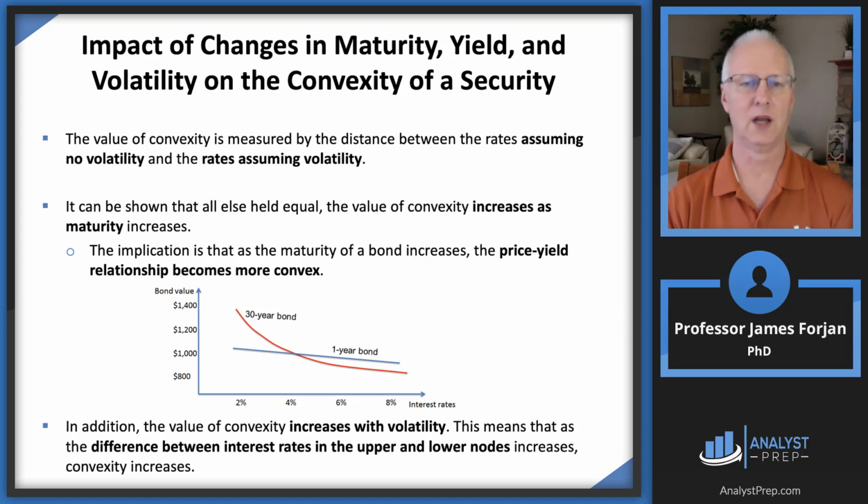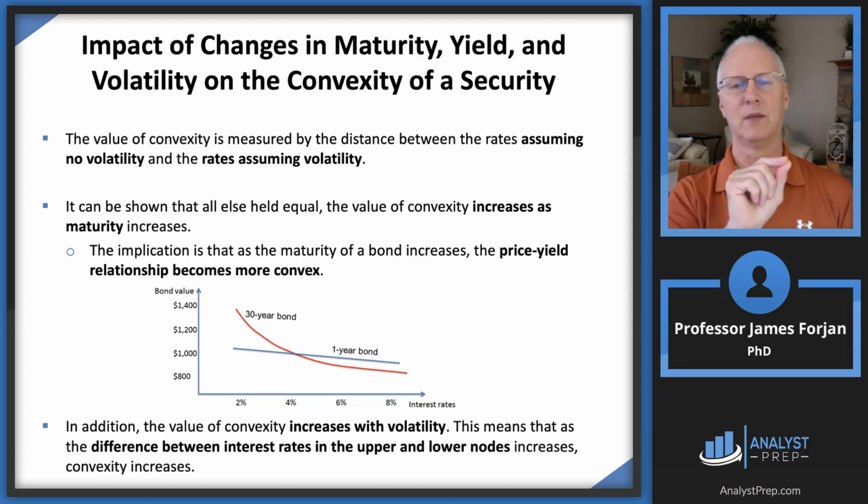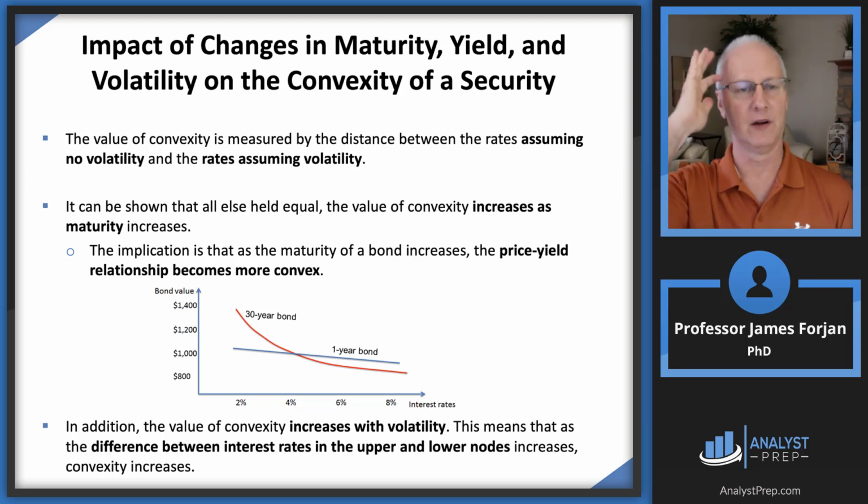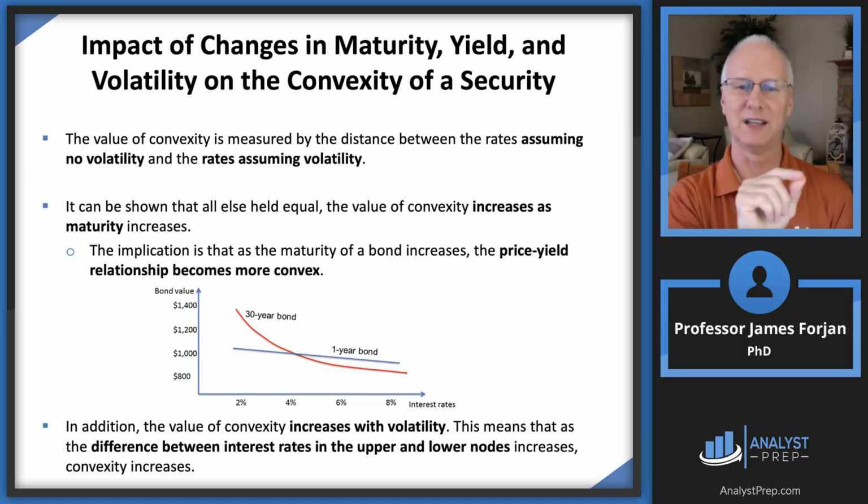In fact, I have my undergraduate students do an assignment in Excel where I make them draw a 1 year bond and then a 20 or 30 year bond. And boy, it almost looks like a line, but it's not quite a line. But then the 30-year bond in red, that has convexity. Clearly, the slope of that 30-year bond changes from 2% all the way out to, what is that far one? 8%.